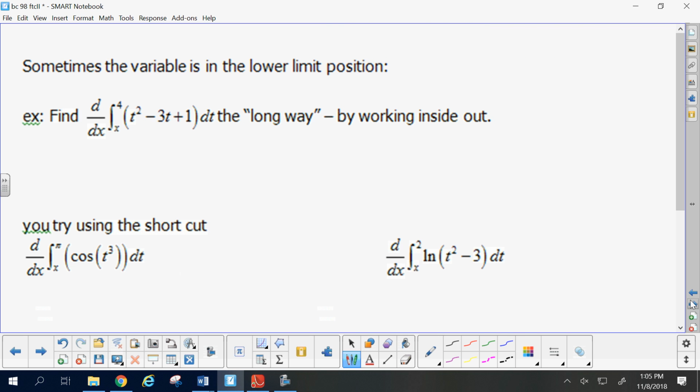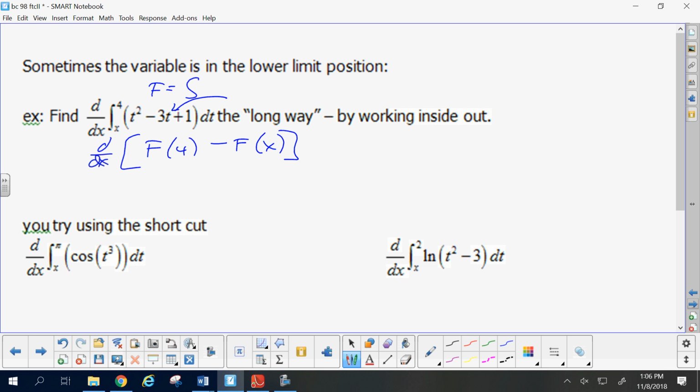Now, I don't know if we need to do this whole thing the long way. Let's shorten this up a little. Let F be the antiderivative of that guy. I'm going to call the antiderivative capital F, because I don't really need to find it. It's going to go away in a second anyway. So let's call it capital F at 4 minus capital F at x, where F is the antiderivative.